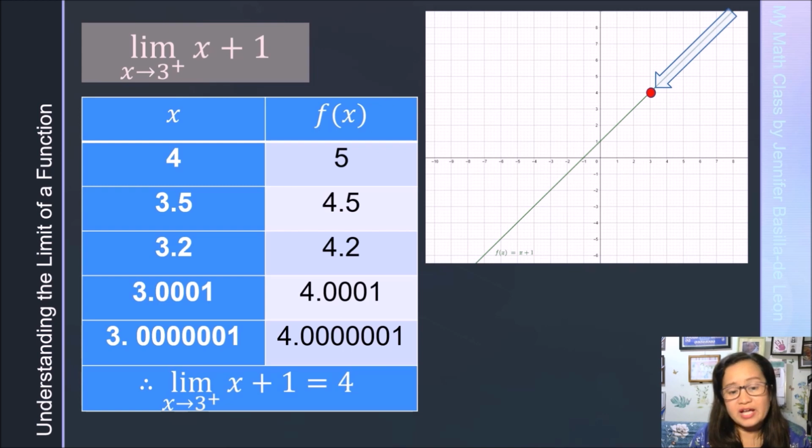If we have x equals 3.5, replacing the variable x by 3.5, we will get 4.5. If we have a number that is much closer to 3, like 3.2, replacing the variable by 3.2, we will have 4.2.